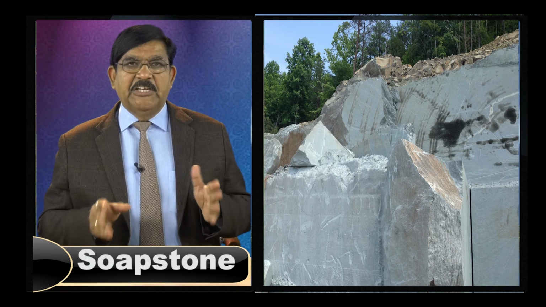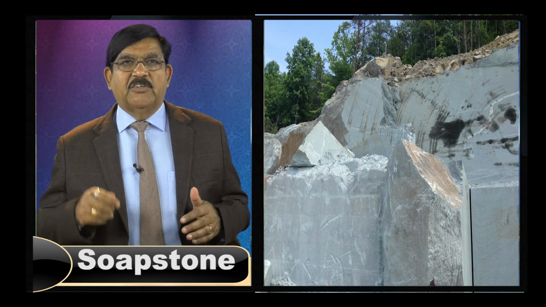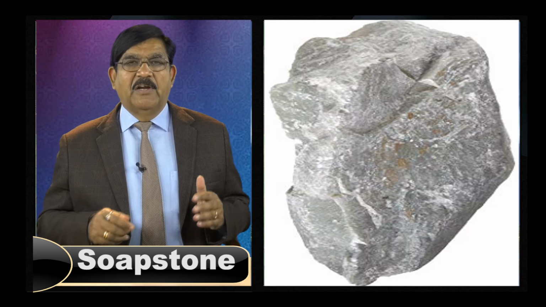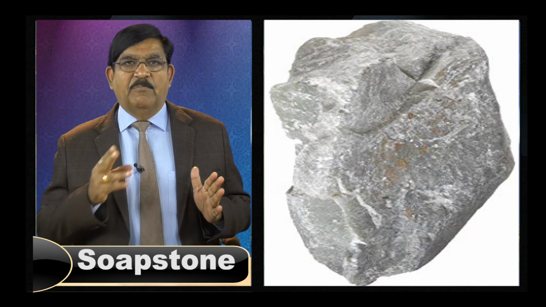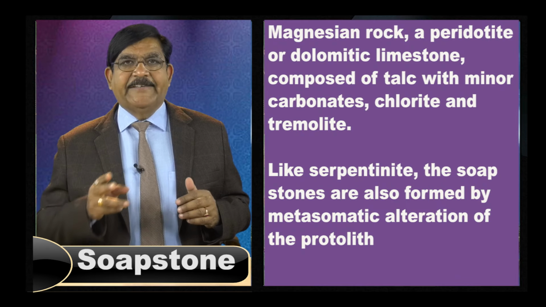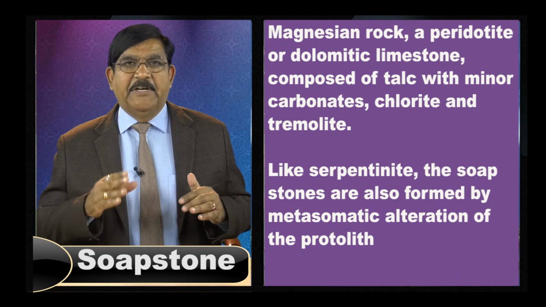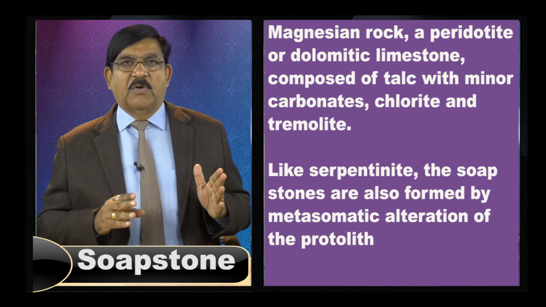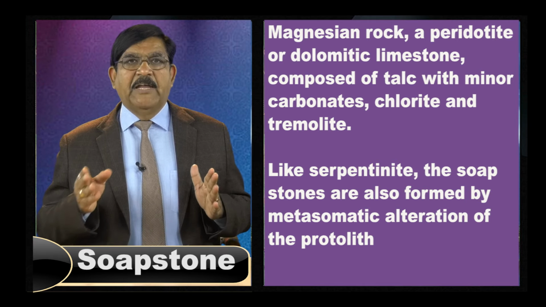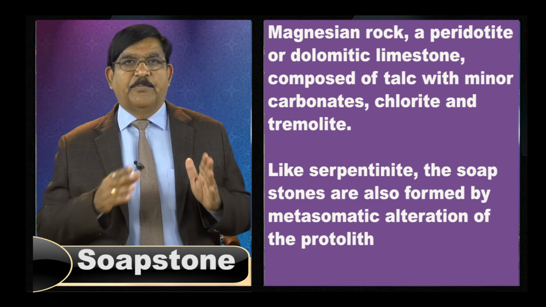Soapstone, a magnesium rock, from peridotites or dolomitic limestone, is composed of talc with minor carbonates, chlorite and tremolite. Like serpentinite, soapstone is also formed by metasomatic alteration of the protolith.